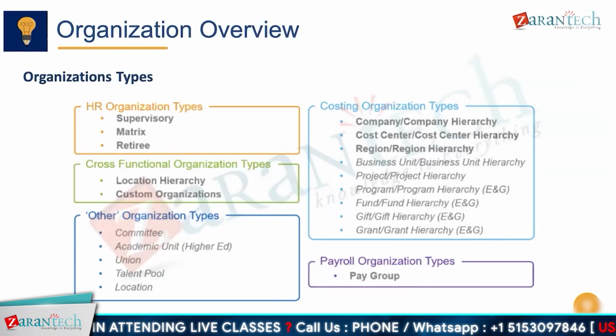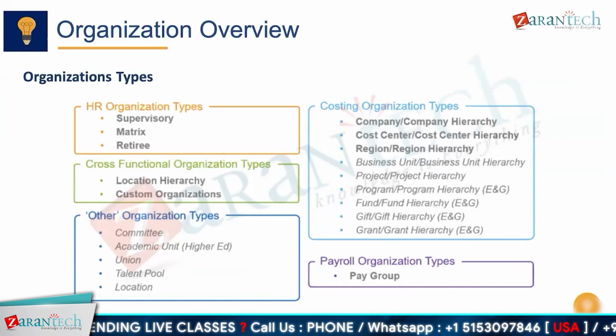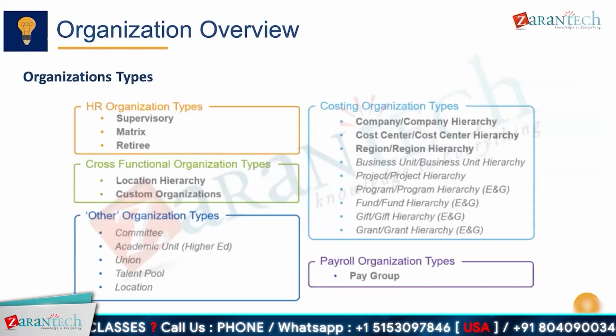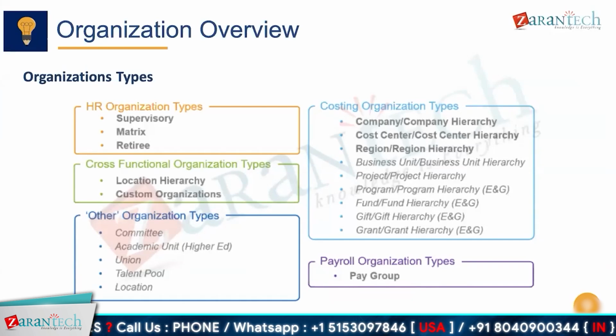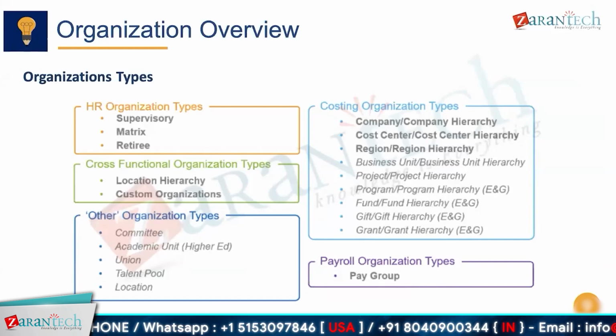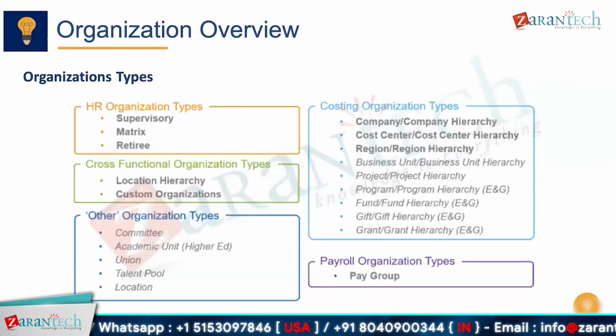There is generally a dotted line reporting to the second one, but we can also set up matrix organization types. It depends on what structure you have within your company, and based on that, you can set up a matrix organization.